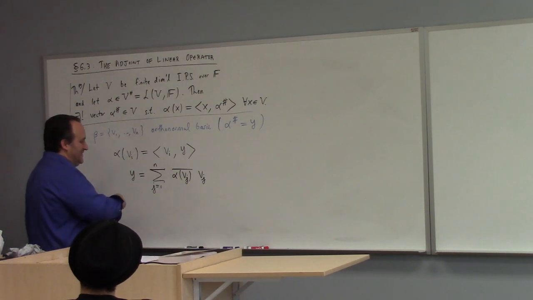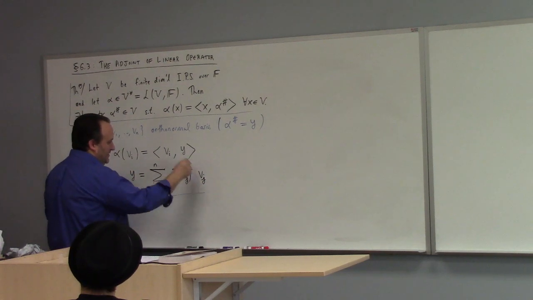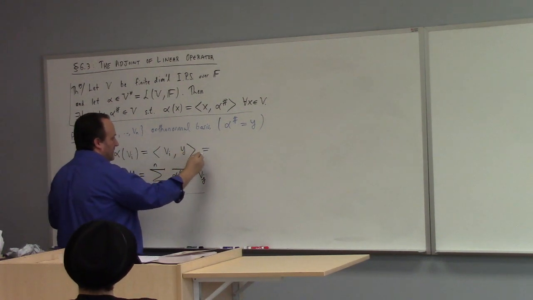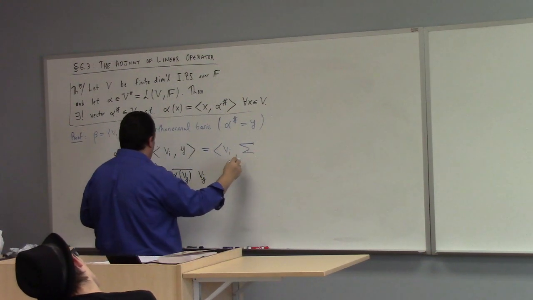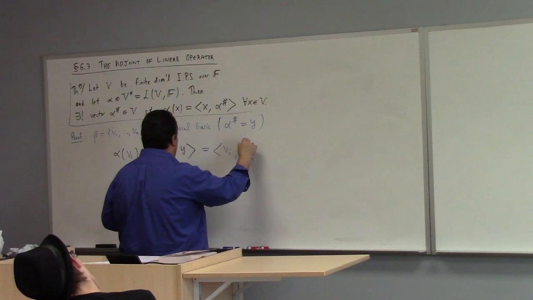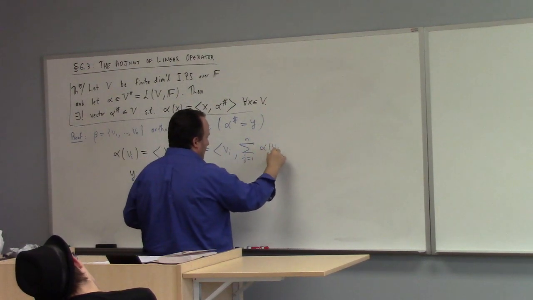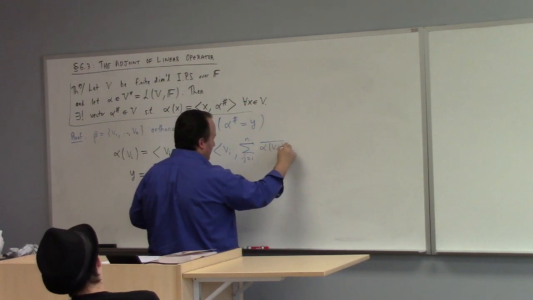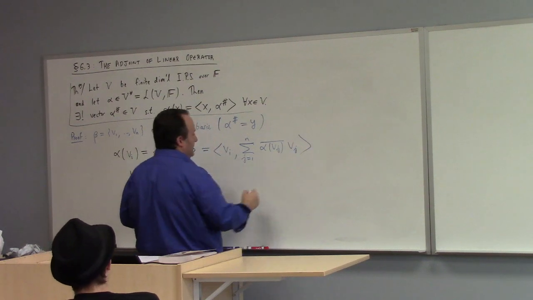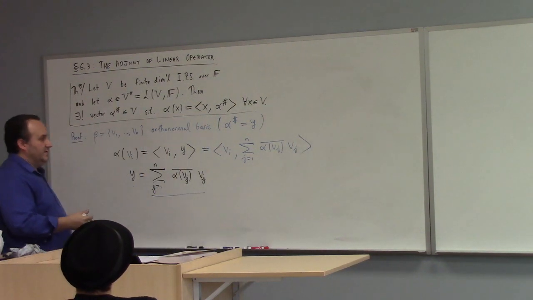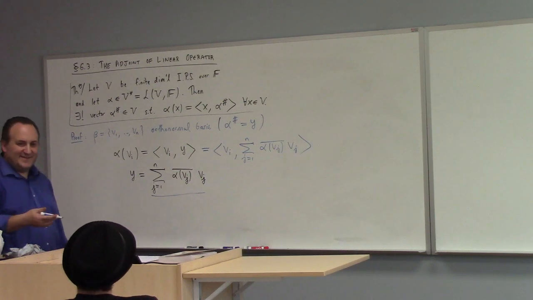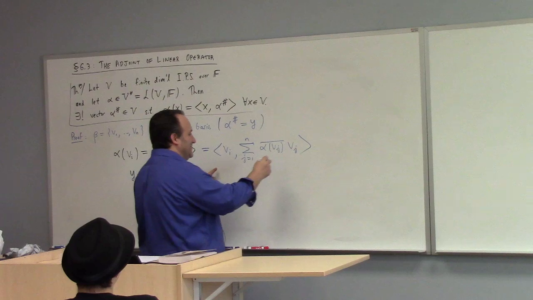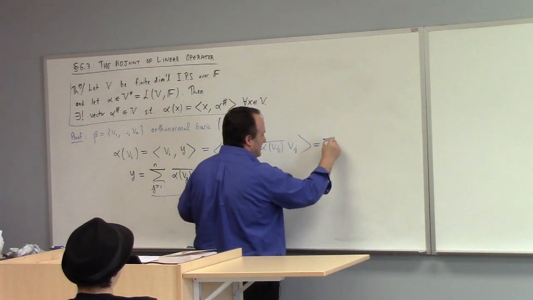So let's try plugging this in there and see what happens. We've got v_i with the sum j equals 1 to n of alpha of v_j conjugate v_j. So those steps that went nowhere, we're going to repeat them now, but they'll go somewhere. It's the same steps though, right? So we pull the sum out.